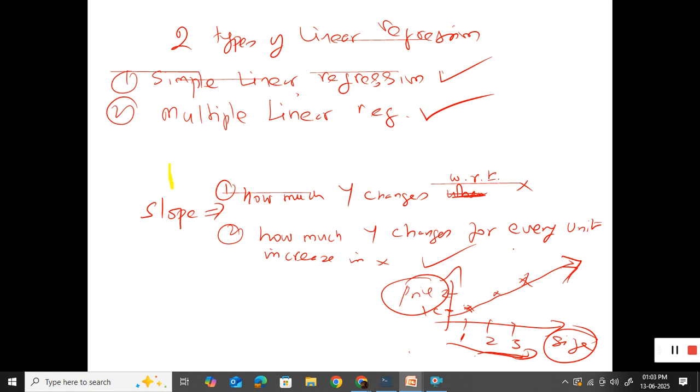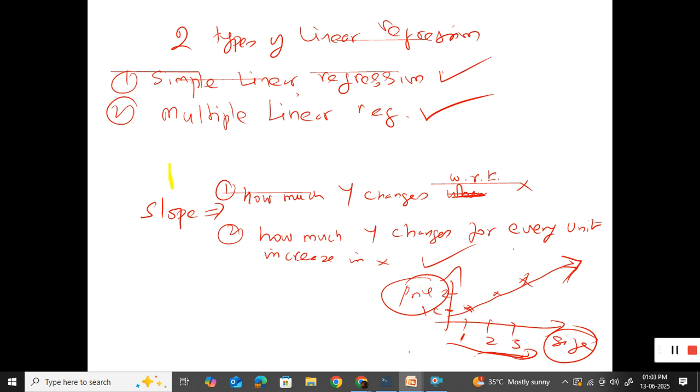What is so big a deal about a linear regression algorithm here? The key highlight of this algorithm is this: 1,000 square feet is 1 crore, 2,000 square feet is 2 crore, 3,000 square feet is 3 crore. What about 1,650 square feet? How much does it cost?